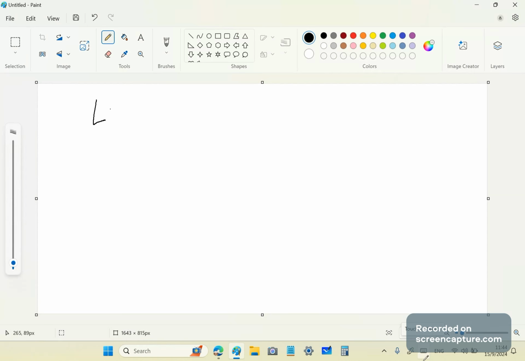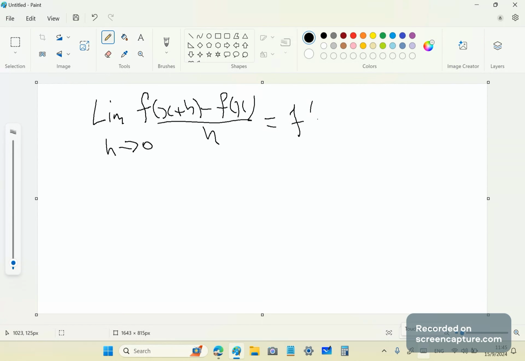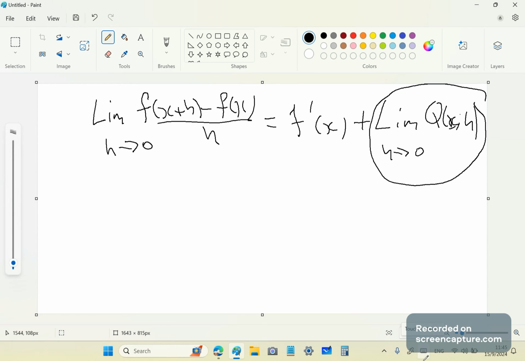They might say the limit of that as h approaches 0 is equal to f prime of x plus the limit as h approaches 0 of Q of xh. Now you might say, well, why is that problematic? Because this here has a limit of 0, right? Well, it's problematic. Let me tell you why.